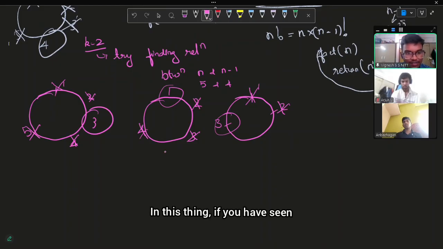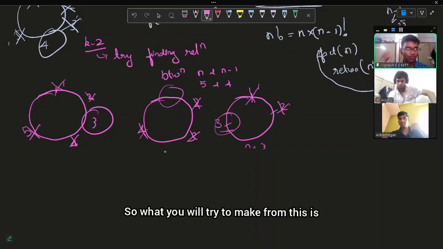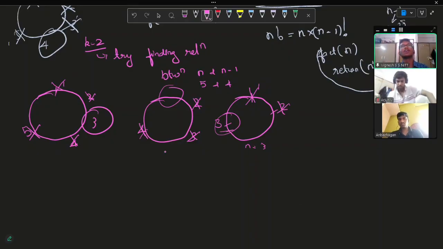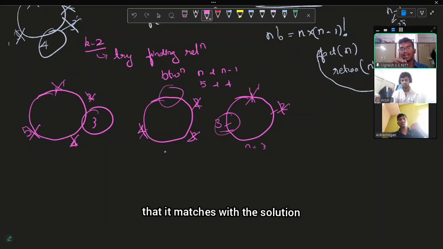In this, for 4 the answer is 1. For 3, where n is equal to 3, 3 is the answer. So we'll try to change the order of the numbers so that it matches the solution.